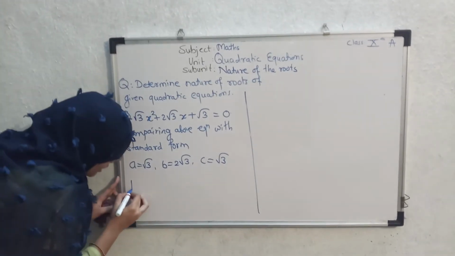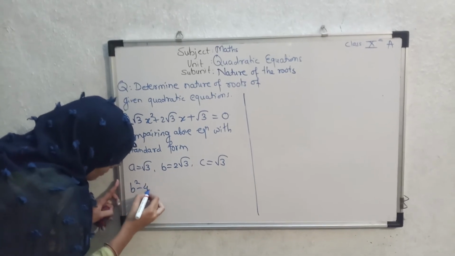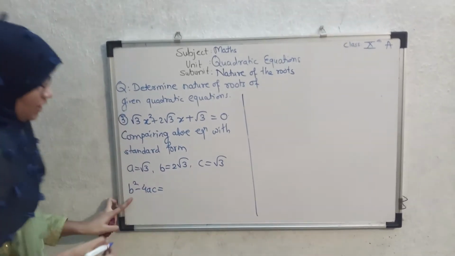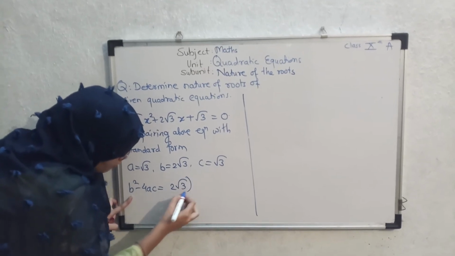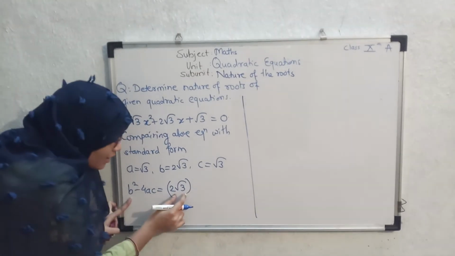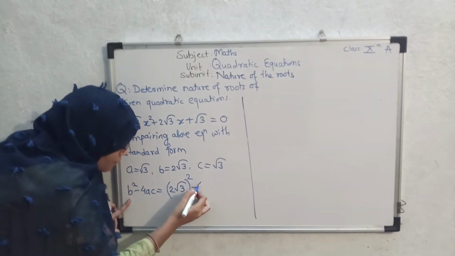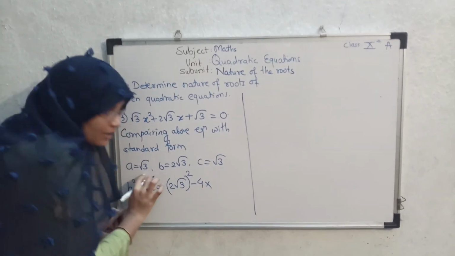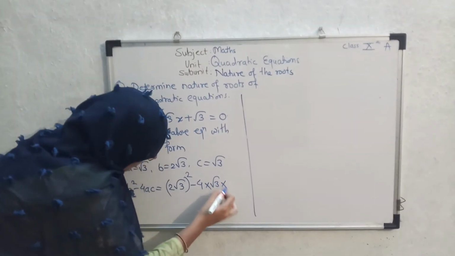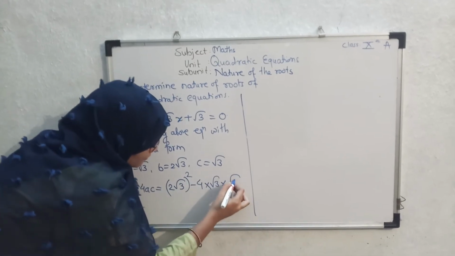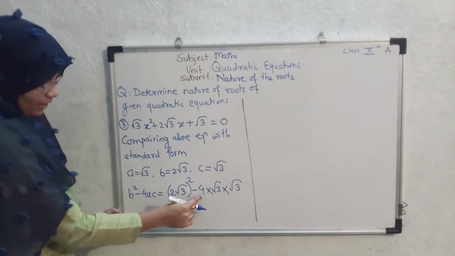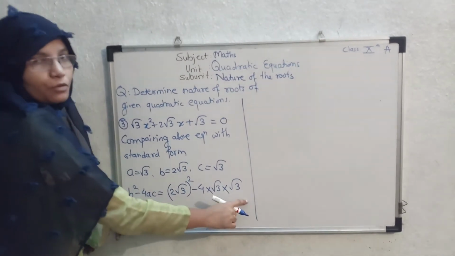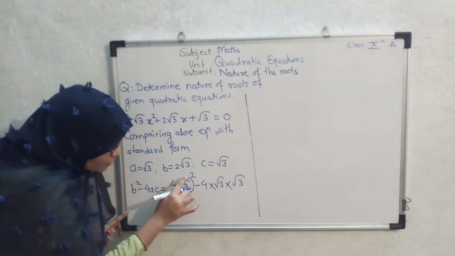Now calculate the value of discriminant. B square minus 4AC. What is B? B is 2 root 3. B square means we have to take its square, minus 4 into our A is root 3 into C is root 3. Now square.